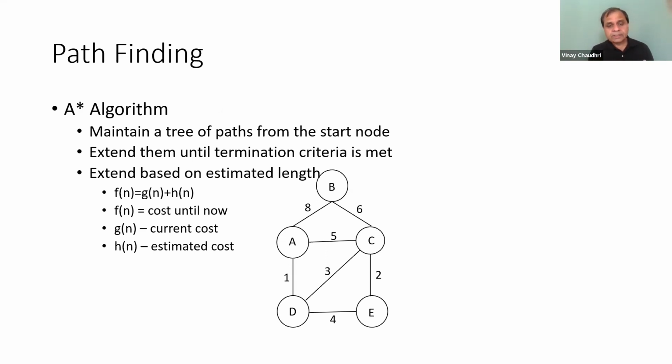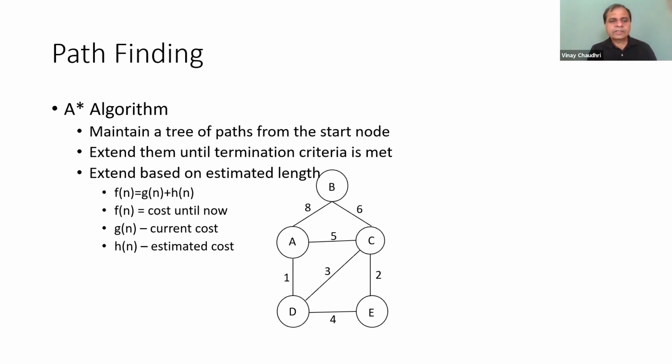So the basic approach taken in this algorithm is to maintain a tree of paths from the starting node, and that tree of paths is extended until the termination criterion is met. And that extension is based on an estimate of the length of the path if we traverse a particular edge.